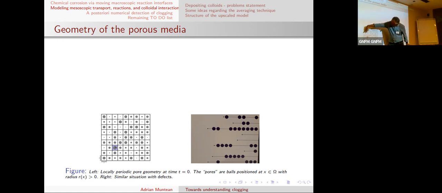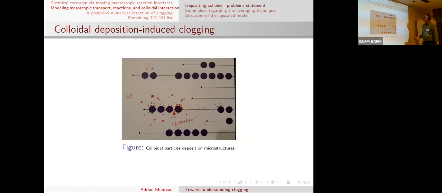And I let them go and do something and deposit on each of the balls. Right? And you should imagine what could happen if this particle deposits. I don't know if you can still see from the back of the room. These are my particles coming, they deposit. So the balls grow.